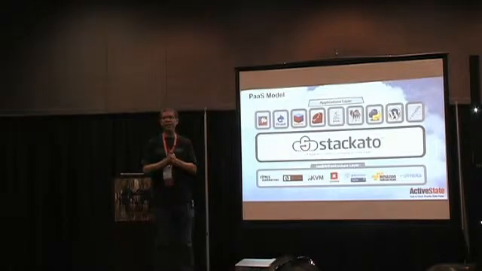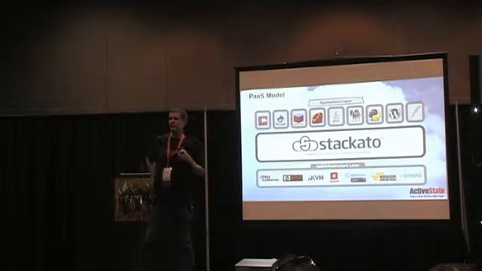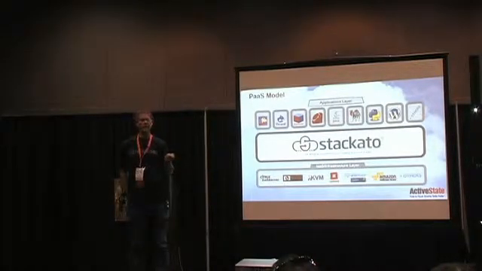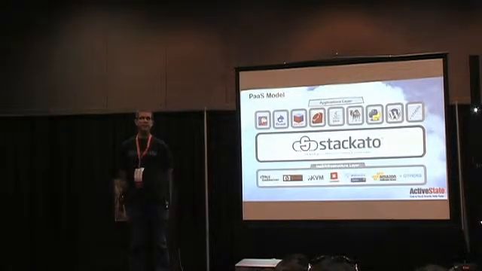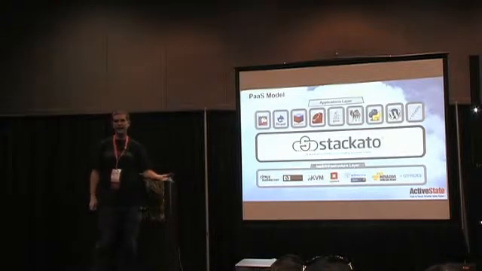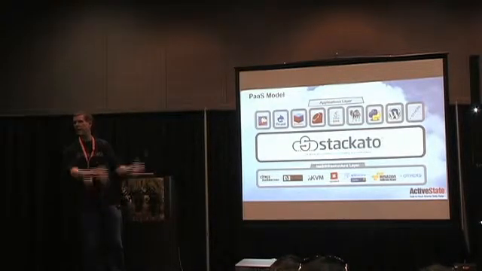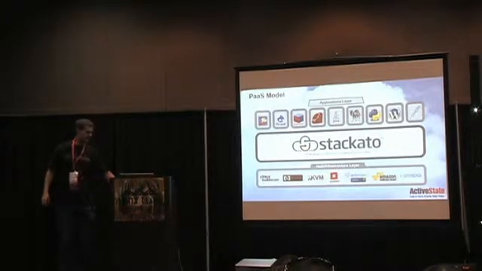In our case, we run on pretty much any infrastructure, whether you're using any of the VM products for hosting your VMs, or you're using OpenStack or CloudStack or Cloud Platform, or Eucalyptus, whether it's running behind your firewall or running out in the public cloud. So you can run this on Rackspace, you can run it on AWS, or you can run it on your laptop or run it on a rack or a series of racks behind your firewall.